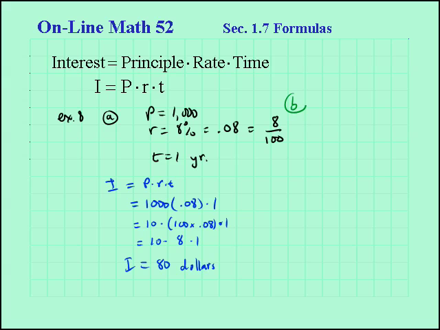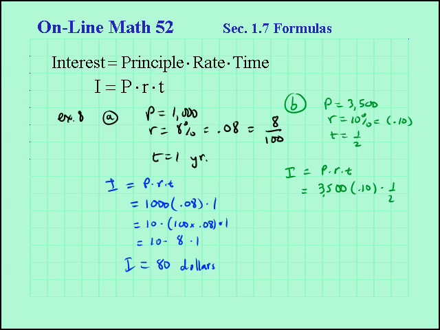Let's do part B. This time it's not the same. P, we're told, is 3,500. R is 10%, which is like 0.10. And the time, this time, is a half a year. So when we do the formula, P times R times T, the P is 3,500 times 0.10 times 1/2.